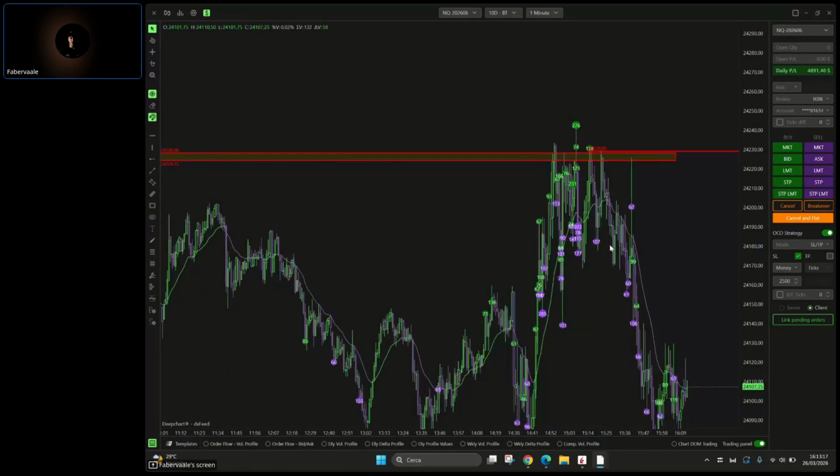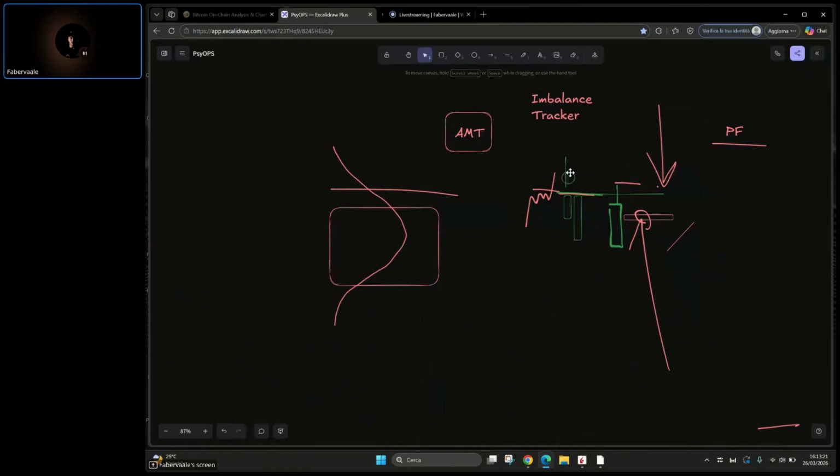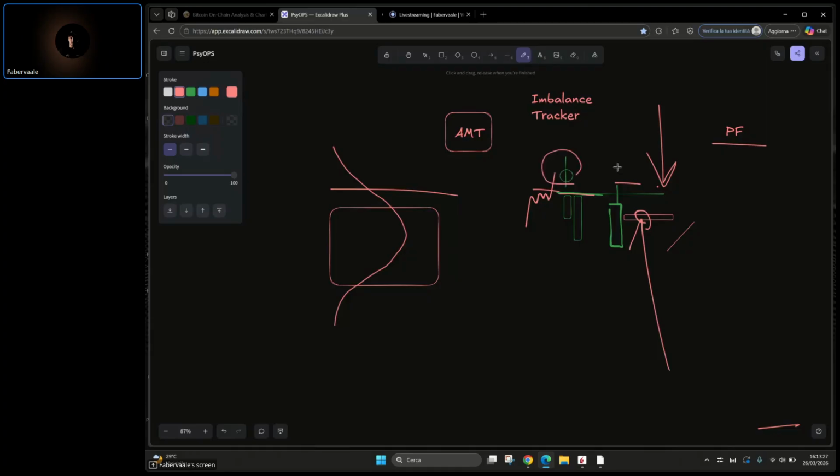Now, this candle here with big trades absorbed that close back in the range is the signature, because it's the absorption in line of the profile framing above the value area. So this one is what I call premium. This is premium pricing. The same is for discount pricing based on the auction profile.